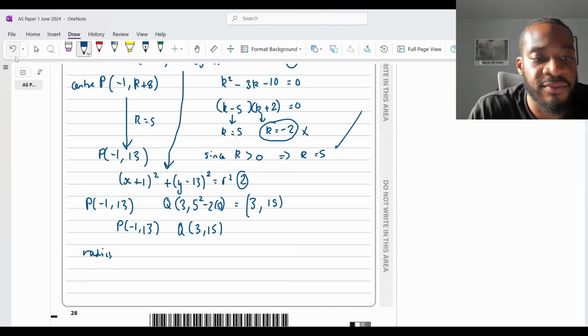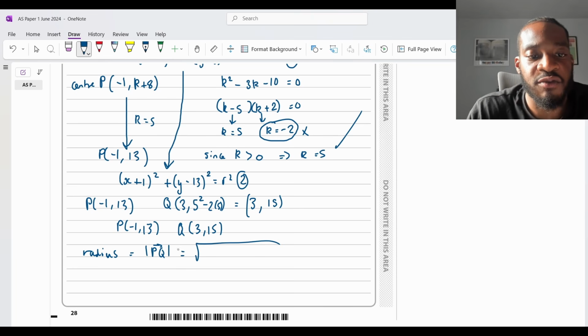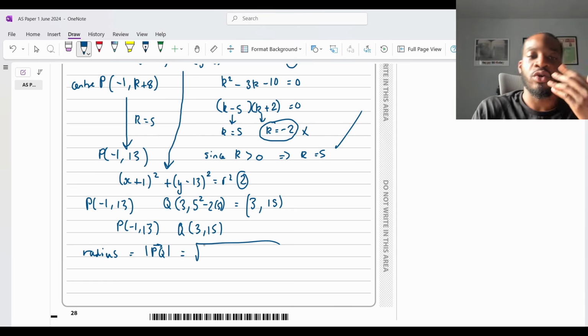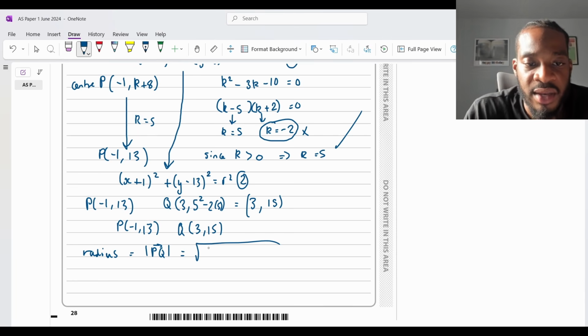The radius, whoops, let me write again, write a bit neater. The radius is going to equal the magnitude of PQ, isn't it? Right? And that is just going to be the distance formula. We're going to do x1 minus x2 plus y1 minus y2. So it doesn't really matter which one I use. I'll use 3 minus minus 1.